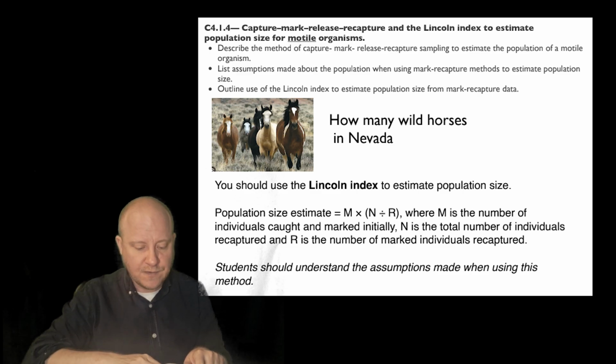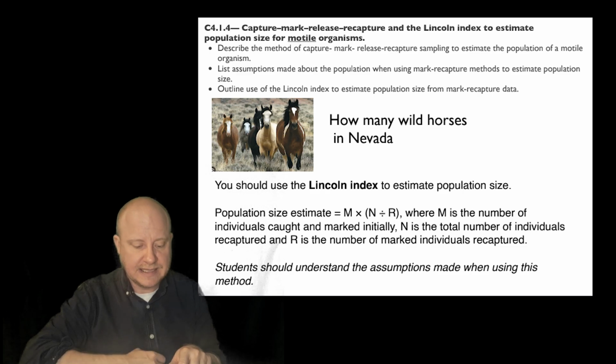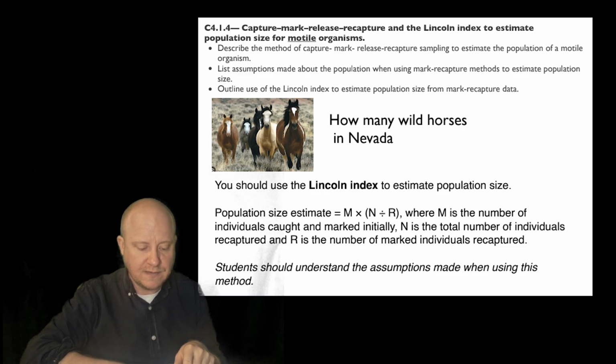The technique involves catching some of a population and marking them. The marked animals are released back into the ecosystem and given a suitable period of time to remix with others in their population. A second sample of the population is then captured. Some in the second sample will be marked and some will be unmarked.